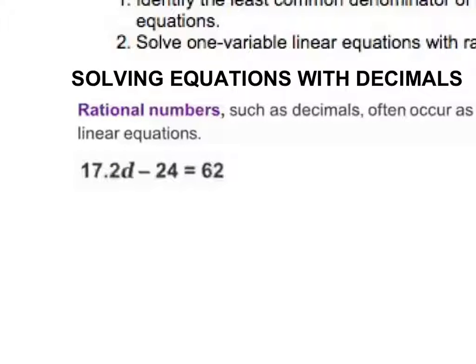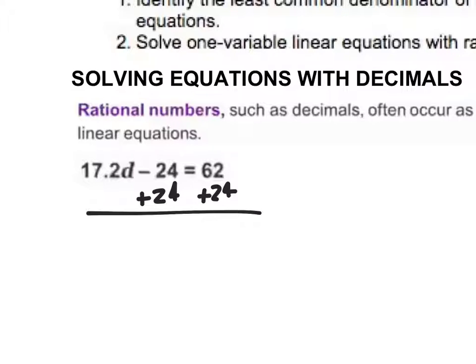You're probably going to want a calculator for this just to help make sure you're doing these problems right. What I'm going to do here is solve for d. I've got 17.2 times d minus 24 equals 62. So we have to figure out what d is. First I'm going to add 24 to both sides.